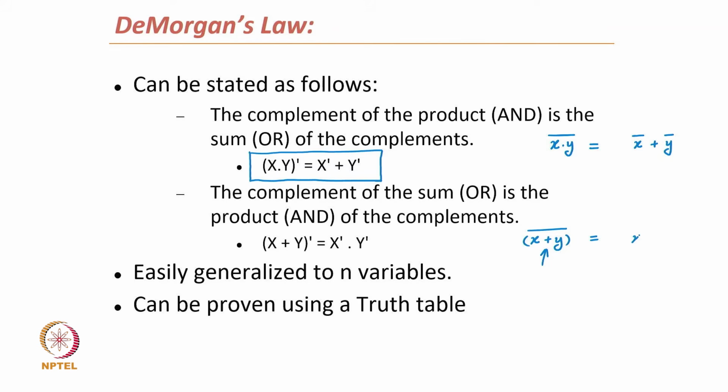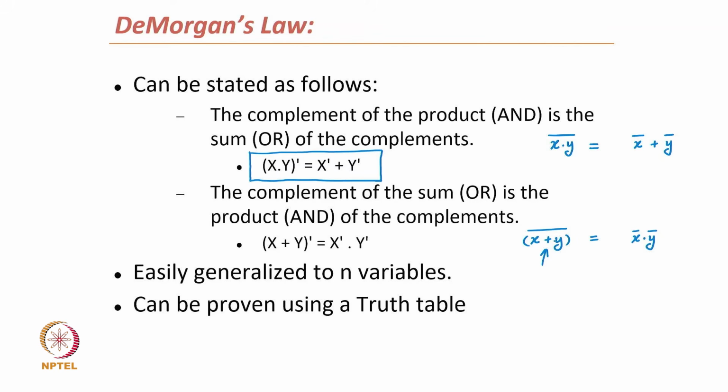So we change the sign to dot, and this becomes x bar dot y bar. This is De Morgan's law, which is very much used in simplifying logical expressions, and it can be easily generalized to n variables.